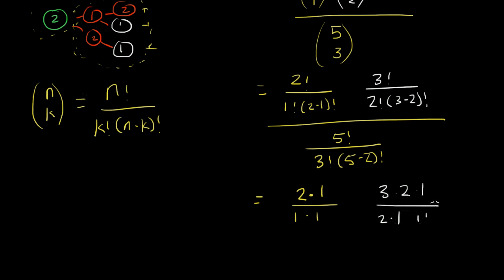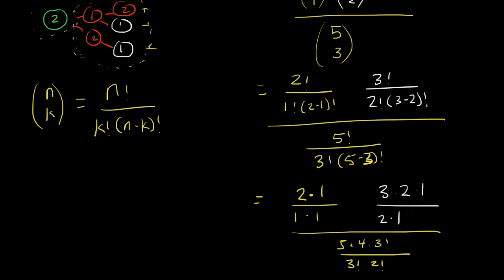Then on the denominator we have 5 factorial, which I'm going to write as 5 times 4 times 3 factorial, and I'm going to leave that as a factorial because that will cancel with the 3 factorial down here. And then 5 minus 2, or that should have said 5 minus 3, so n minus k. k is 3, not 2, so 5 minus 3 is 2 factorial there.